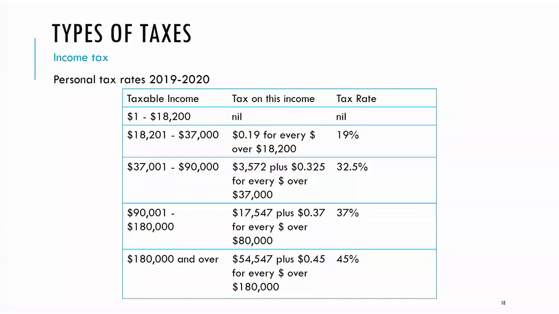At the end of the financial year, if your total taxable income is less than 18,200 but you have still paid tax, you have to submit the annual return and show that your taxable income is less than 18,200. Then you'll get the full refund of the amount you have already paid.